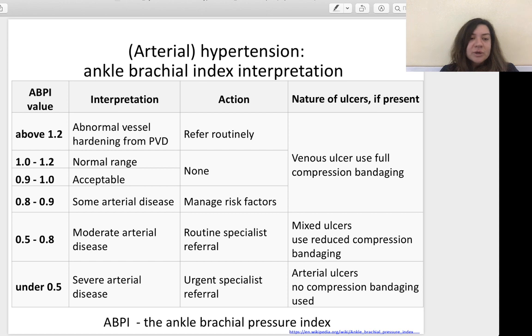From 0.9 to 1 it is acceptable. From 0.8 to 0.9 the index is typical for some arterial disease. From 0.5 to 0.8 it is moderate arterial disease, and if the ankle brachial index is under 0.5, it tells you about severe arterial disease. And what to do with it, what your further management is if you find one of these situations.